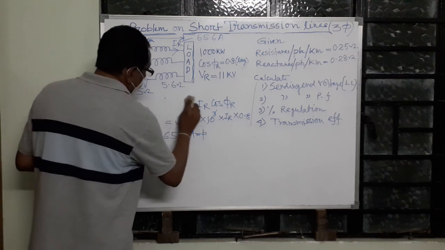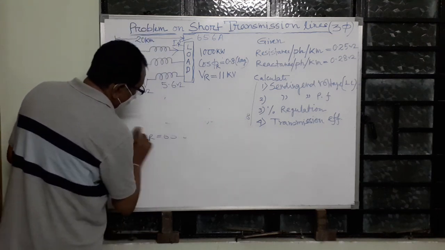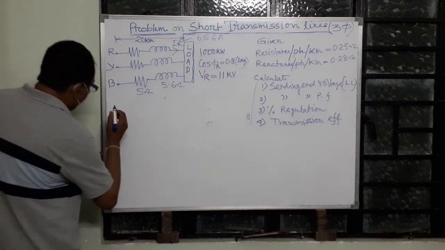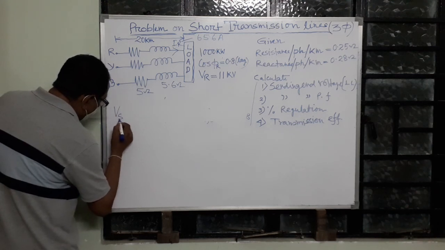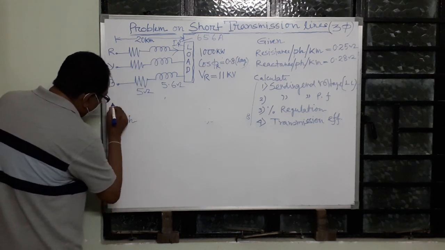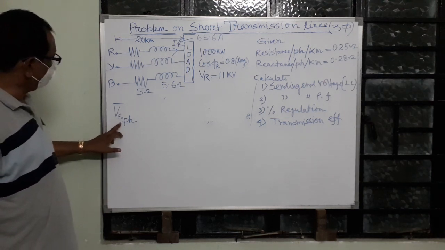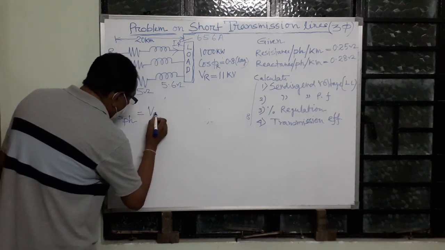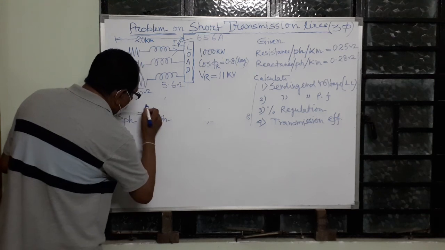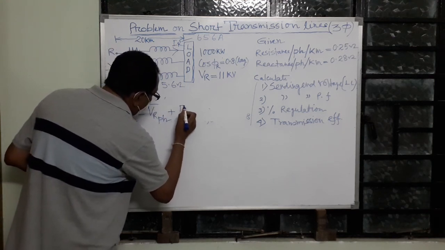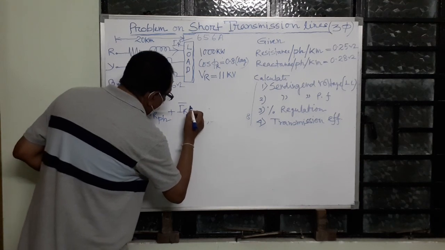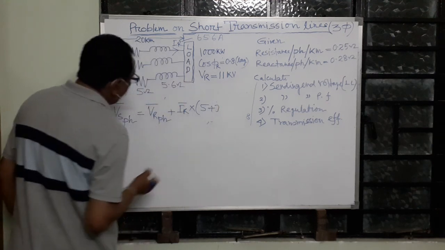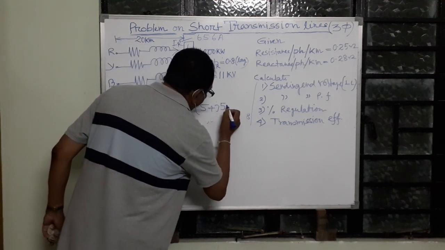Now the sending end per phase voltage, we can write sending end phase vector: sending end voltage per phase is equal to receiving end voltage per phase plus IR into (5 plus j5.6).